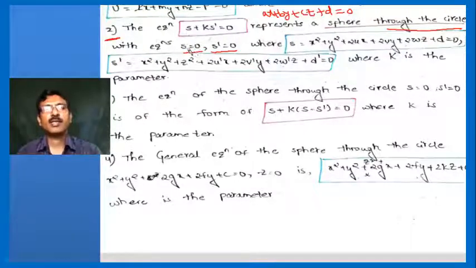Here is a circle generated by these two spheres.